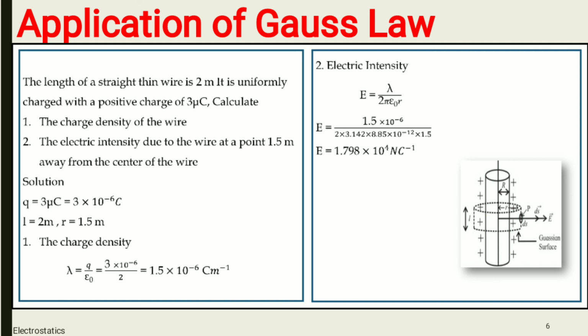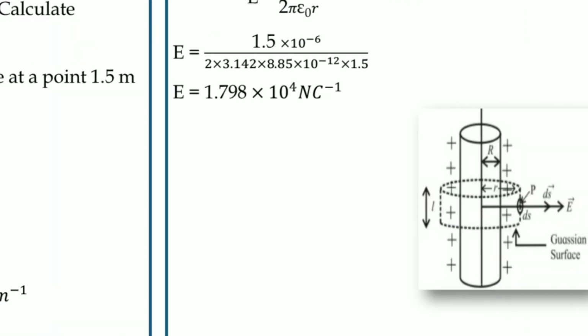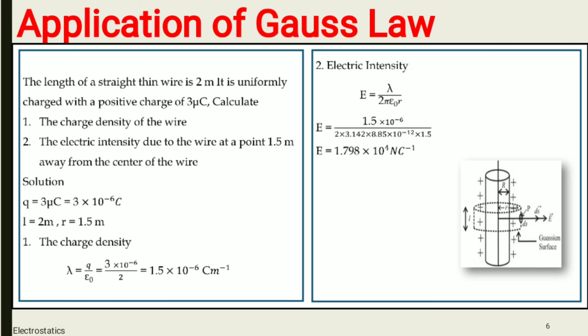Here r is given, which means the distance of point P from the axis of the cylinder is 1.5. So E is equal to 1.798 into 10 raised to 4 Newton per coulomb, which will be the electric intensity due to the wire.